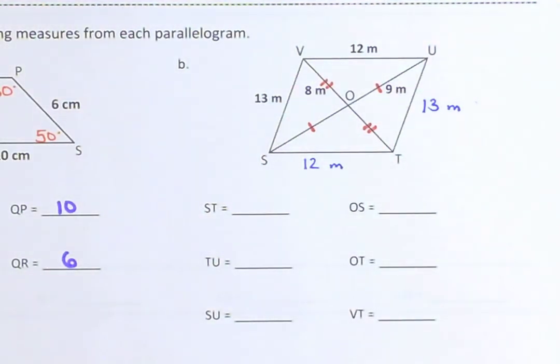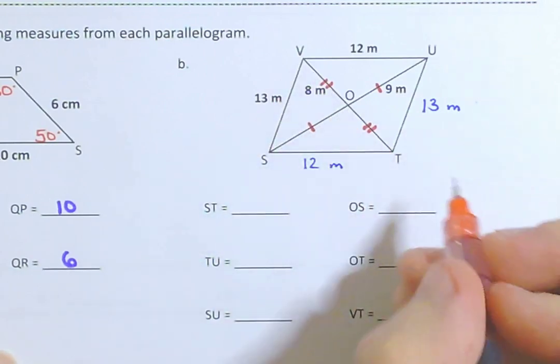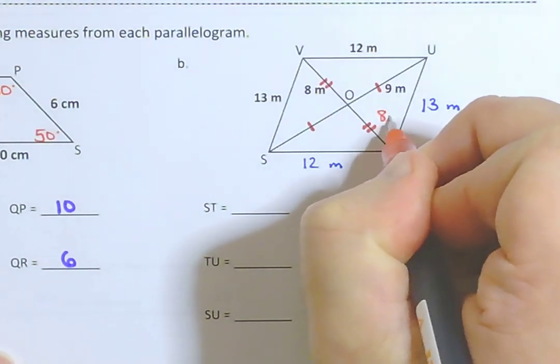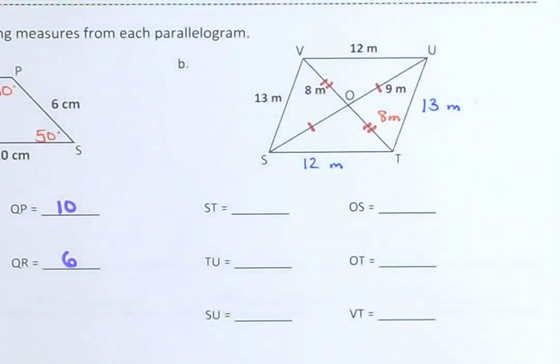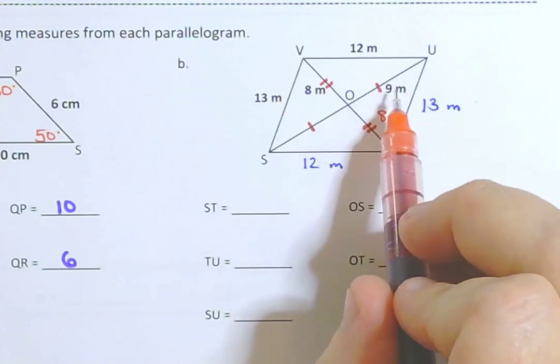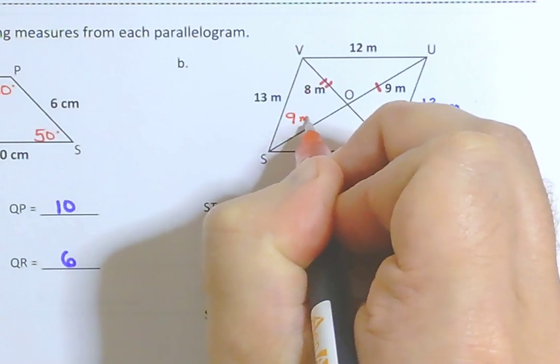So marking it helps to know how it's going to translate over. So if VO is 8 meters, that means that OT is also going to be 8 meters. And then if OU is 9 meters, that means that OS is 9 meters as well.